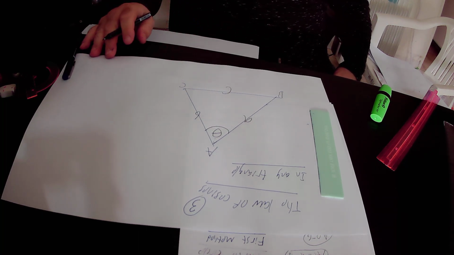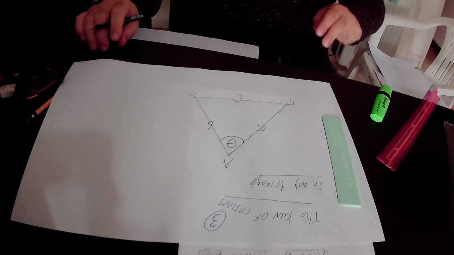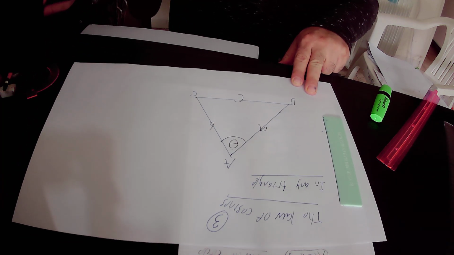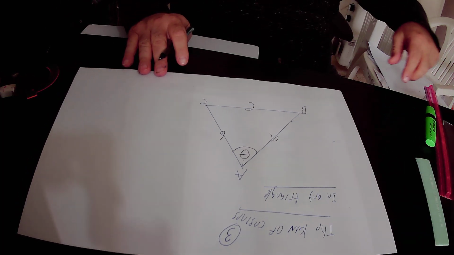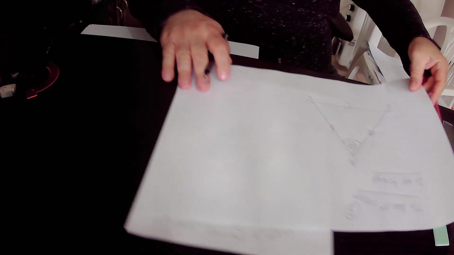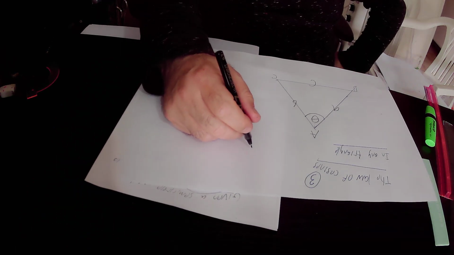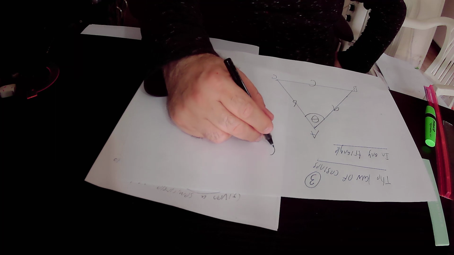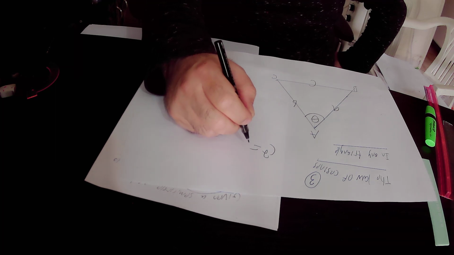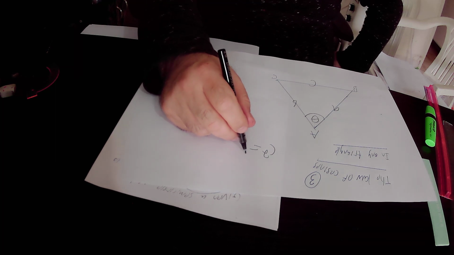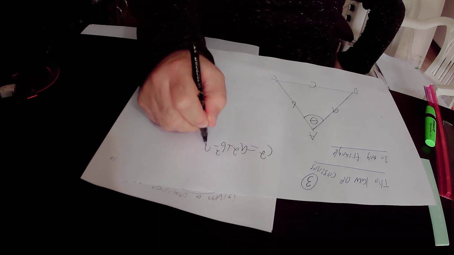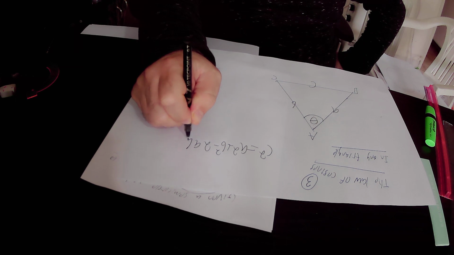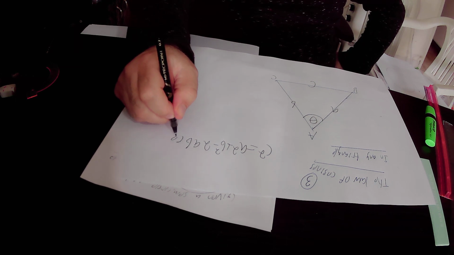Then, according to the law of cosines, we will get that C squared equals A squared plus B squared minus 2 times A times B times cosine theta.